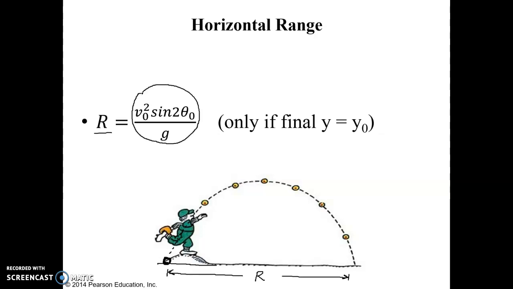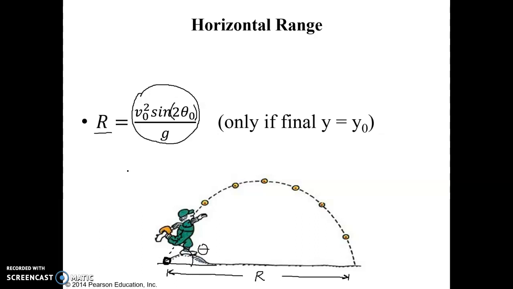We know the initial velocity squared times sine of 2 times the initial angle, the angle with respect to the horizontal, divided by g.